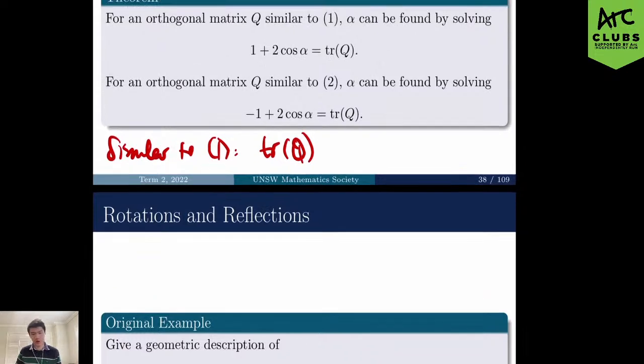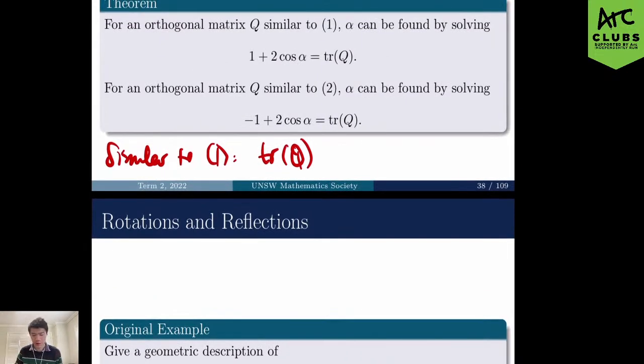The trace of the matrix you're trying to suss out is known. And if you equate that to being 1 plus 2 cos α, and you solve for α, you've gotten the angle. Okay? But if you find out that it's similar to 2, then you say the trace of Q must be equal to the trace of the second matrix, so minus 1 plus 2 cos α. And having done that, you can then find out what α is.